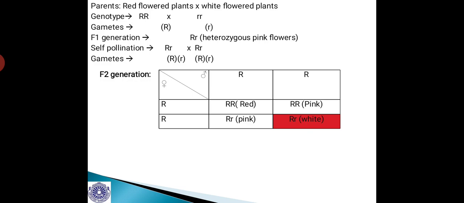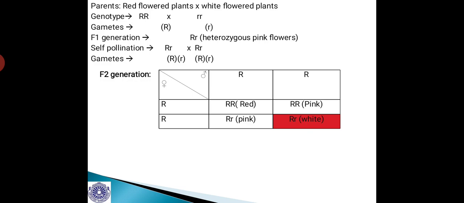When selfing or self-pollination is achieved by crossing the F1 progeny, the gametes produced are as follows: each parent will produce two types of gametes, one with capital R and one with small r. When these gametes are fused together randomly, they produce the F2 generation as we have already discussed in the previous slide: one red flowered plant, two pink flowered plants, and one white flowered plant.